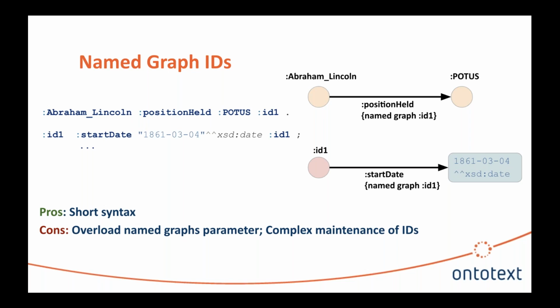But the challenge is that you overload the graph parameter, and if you want to update the provenance of the information, like saying these statements are coming from this file or this information source, you cannot easily do this. Any update operation will go through the ID statement. If I need to update another attribute like the source of the information, then every time I update a graph, I have to scan for all the named graphs which came from the source, and then update only those statements.